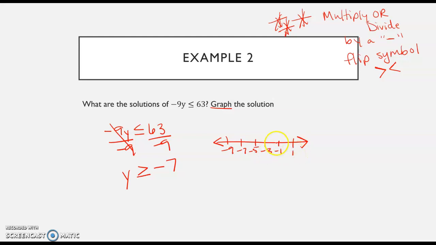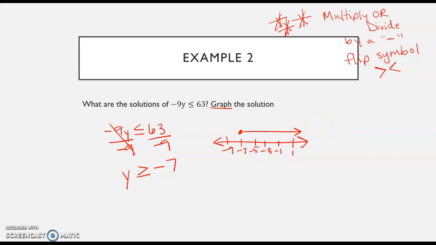It also kind of bothers me that I don't put a 0 in there, but it doesn't make sense because we were counting by 2s. Now this has the equal to, so I'm going to make it a solid dot, right? And then greater than would be to the right. And so I draw everything to the right.